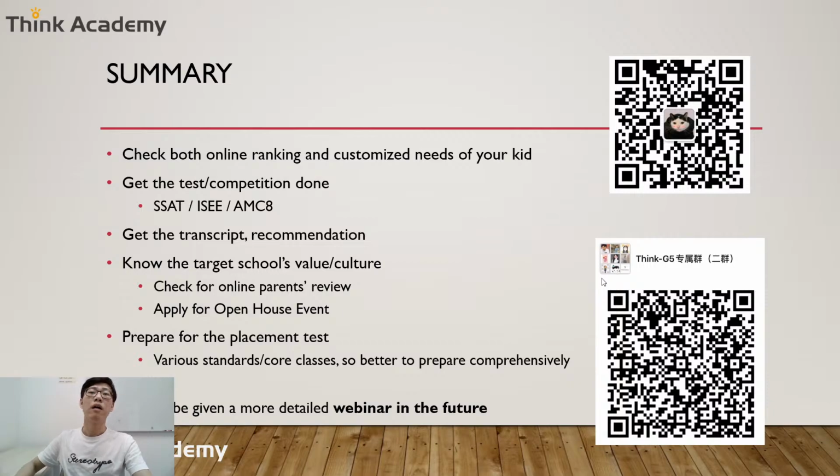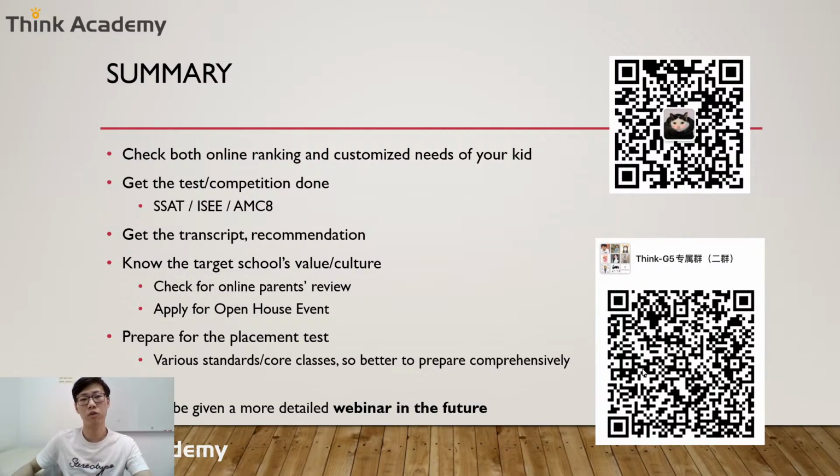After you get the school list, you have to know which standard test you have to take. To make your kids stand out, you may want to take some honors tests, say AMC 8 or other STEM tests, so that you have something more than other kids to show the admission officer that your kids are committed and will excel in your class.